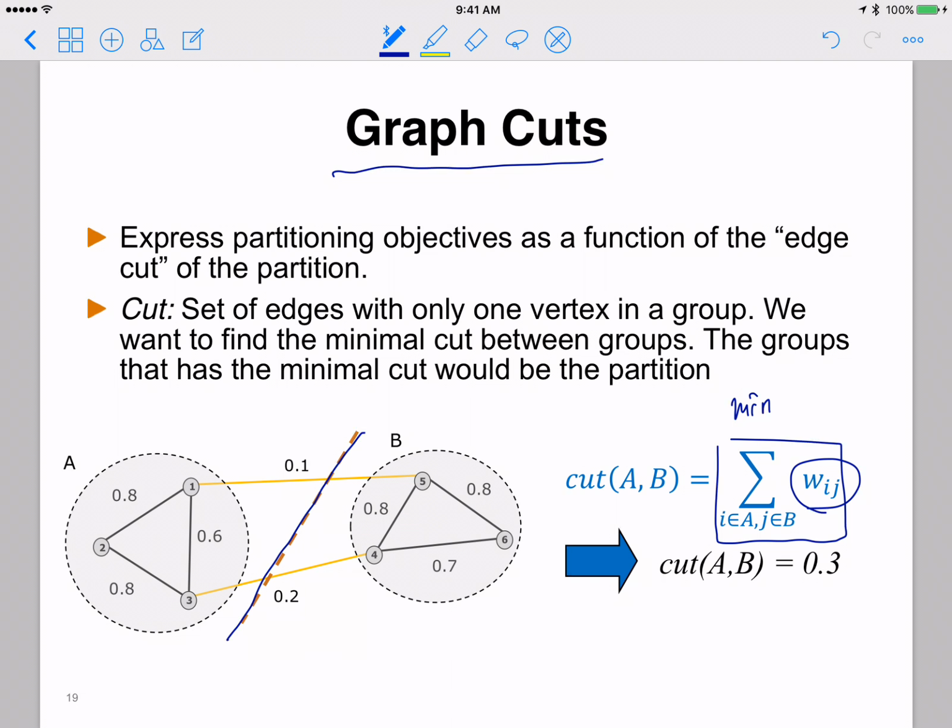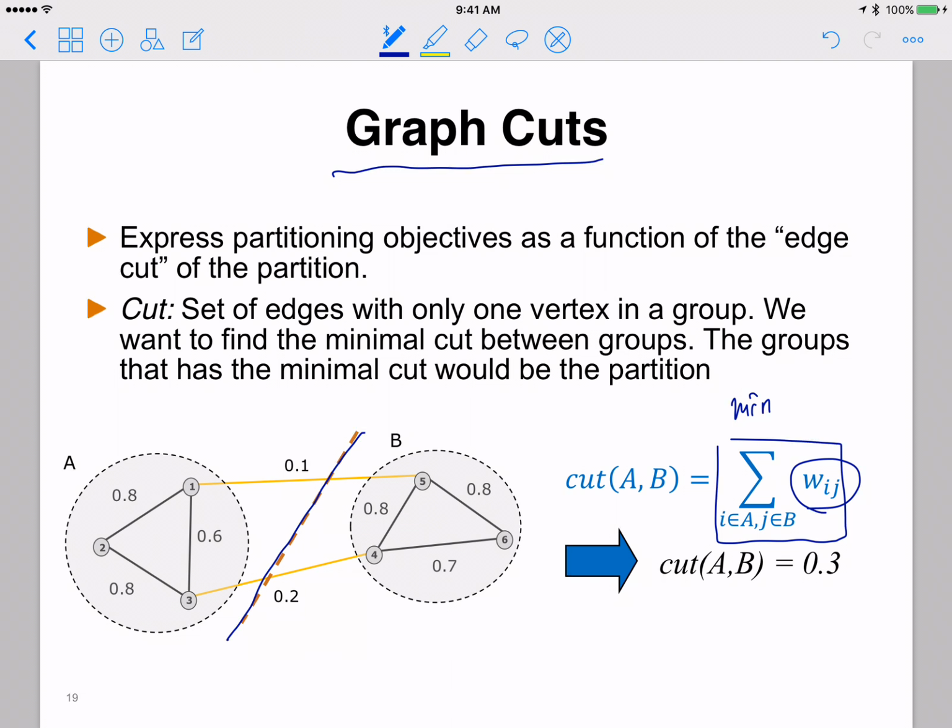So we have node set A and node set B, and the cut measure is the total sum of involved edges, right? And then instead of just using this cut measure, we actually divide this cut measure by the volume of A. Okay, so the volume of A, what is that? So this volume of A can be simply defined as the number of nodes.